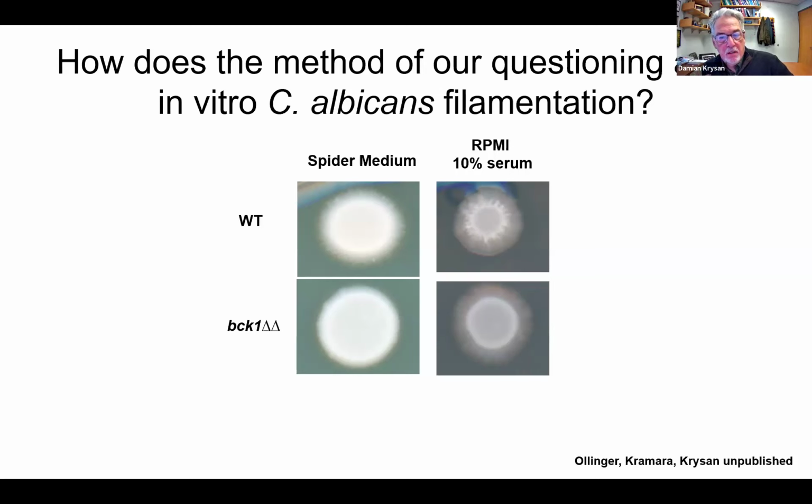And so in this filamentation phenotype, conditions really matter. This has been shown, I think, with increasing regularity over the last maybe 10 or 15 years, that Candida filaments in different ways depending on the environment in which it finds itself.